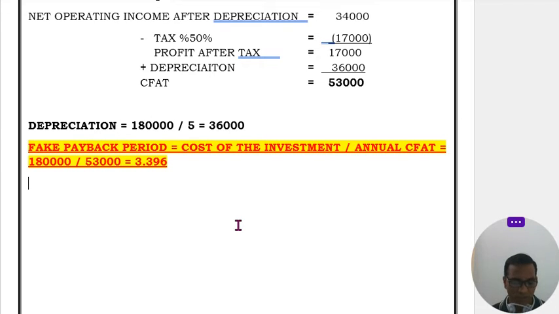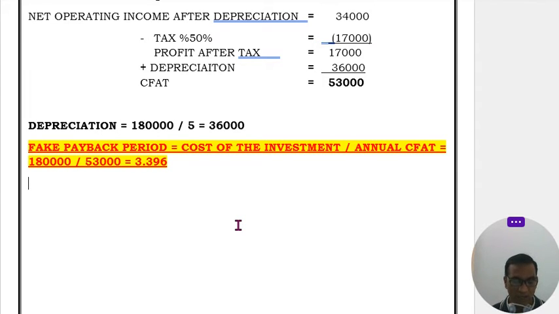It is not possible to get exactly 3.396. So here I have 3.4 as the nearest value, and the 3.4 I found under the rate of 14%.